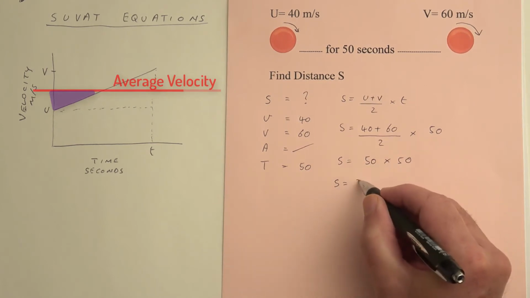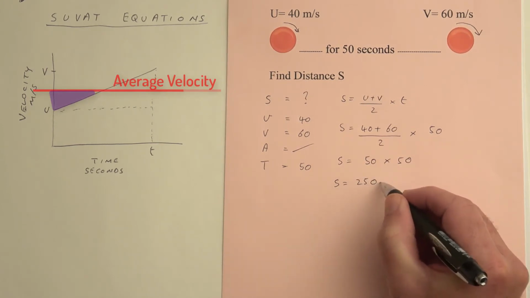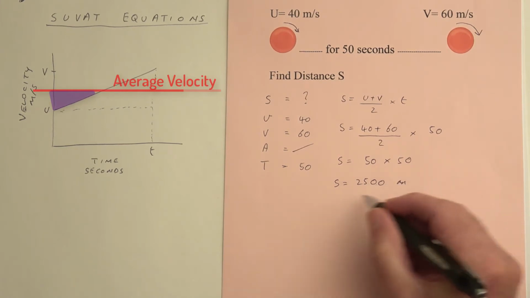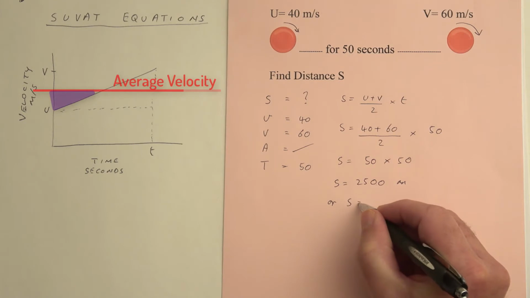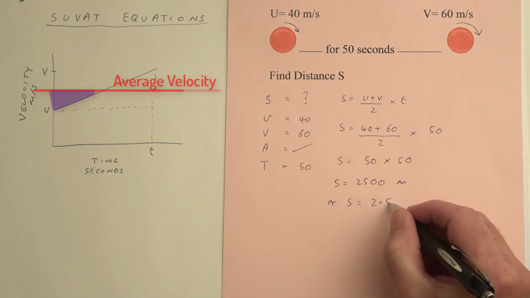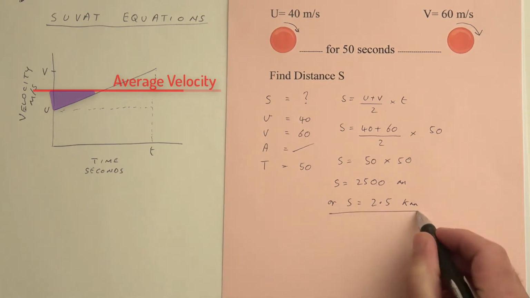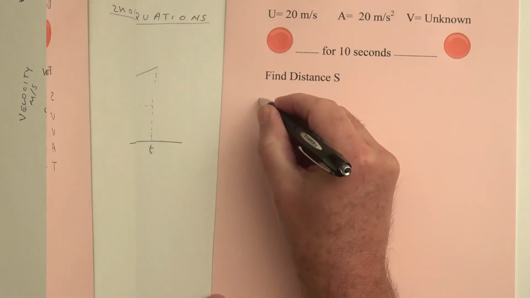Fifty times 50, 5 5's 25, 2 noughts. Done.